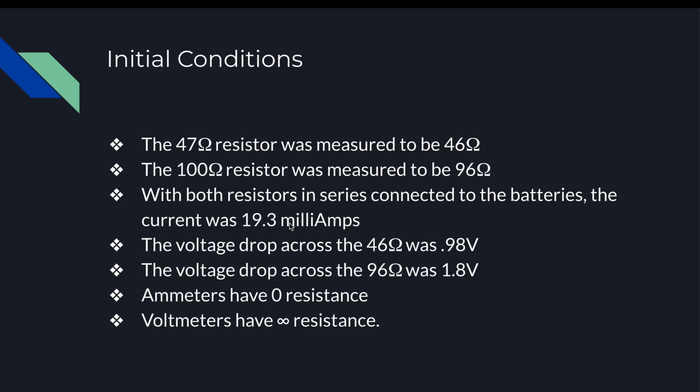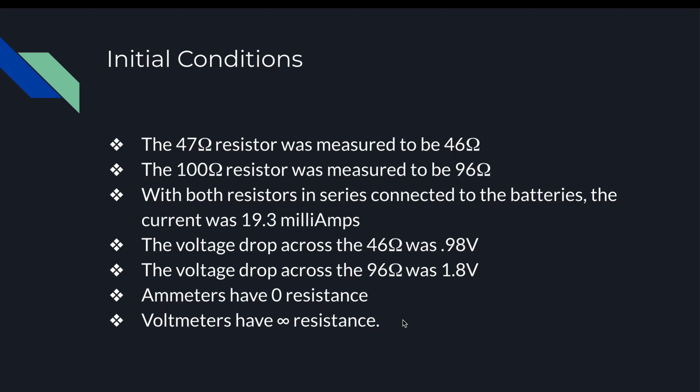The voltage drop across the 46 ohm resistor was 0.98 volts, and the voltage drop across the 96 ohm resistor was 1.8 volts. Ammeters have zero resistance, and voltmeters have infinite resistance, so they don't affect the readings of the circuit.